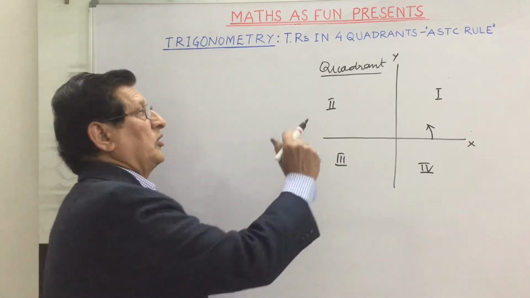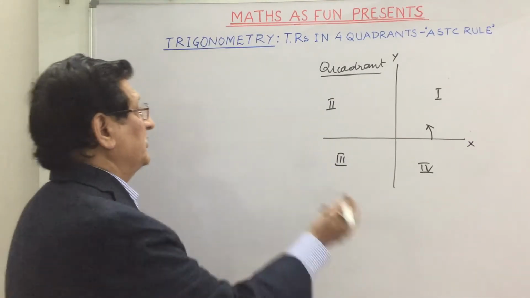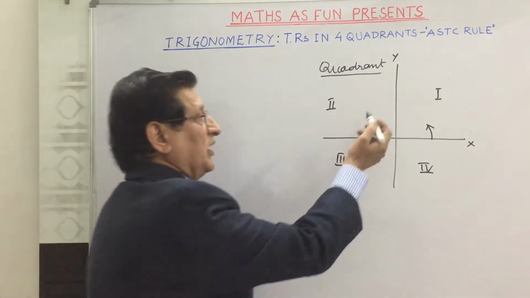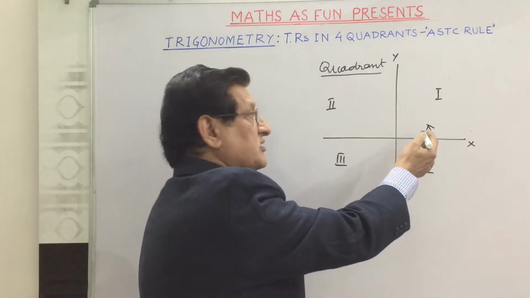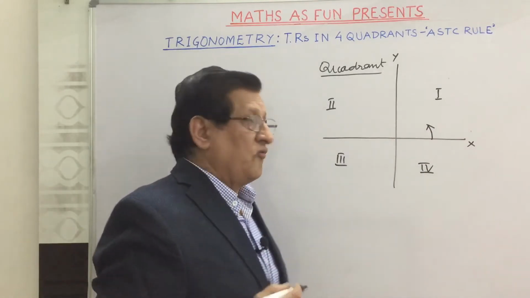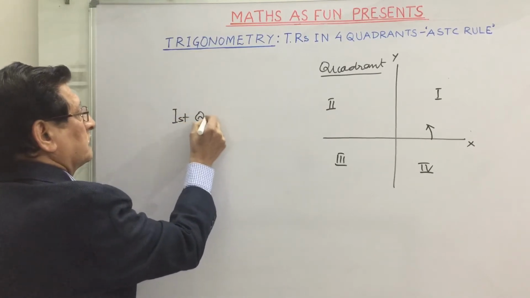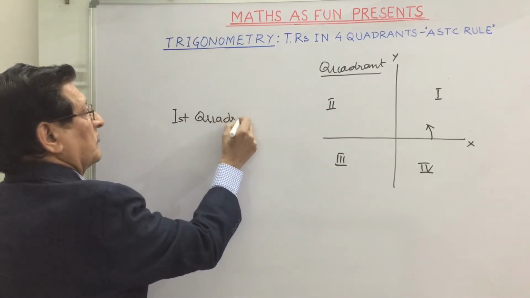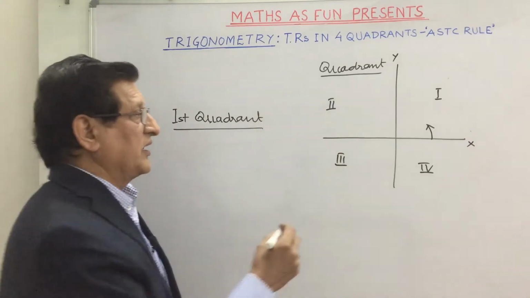Now, to know about the ASTC rule, before that we should also know the different angles for which the radius vector will be lying in these quadrants. When we talk about the first quadrant, see here, what are the angles?